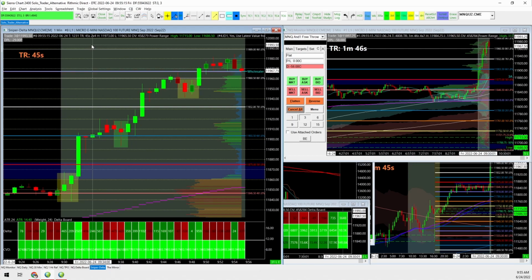We got this range, making an attempt to break below that range. Got some buyers jumping in here, but there's a slight battle going on with it. There's a lot of execution of orders here.